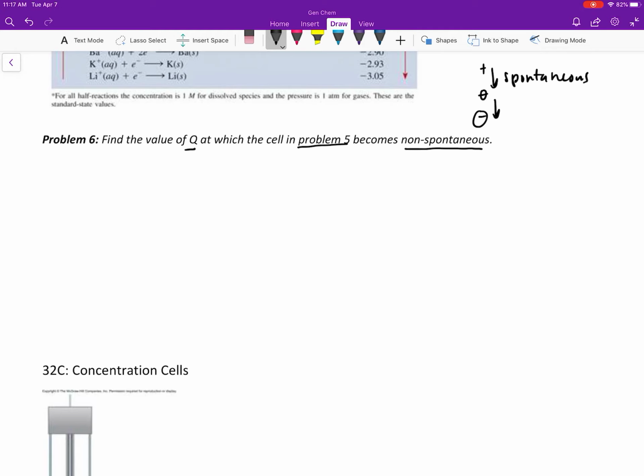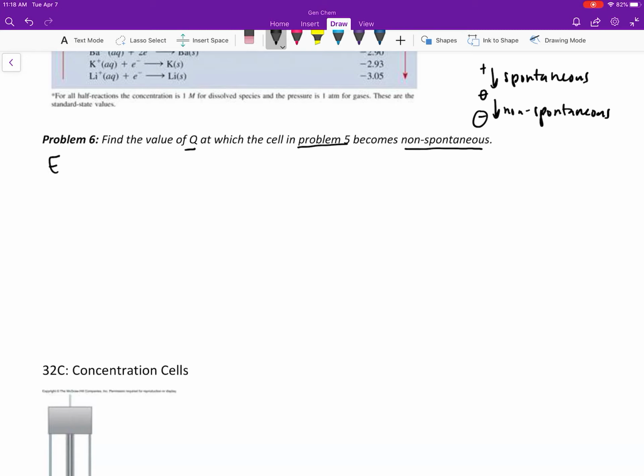And then once it becomes negative, it's going to become non-spontaneous. So very similar to the problem we did where we asked when the reaction becomes non-spontaneous with our Gibbs free energy equation. We took the temperature, because we wanted to know at what temperature it became non-spontaneous, and put it at 0.